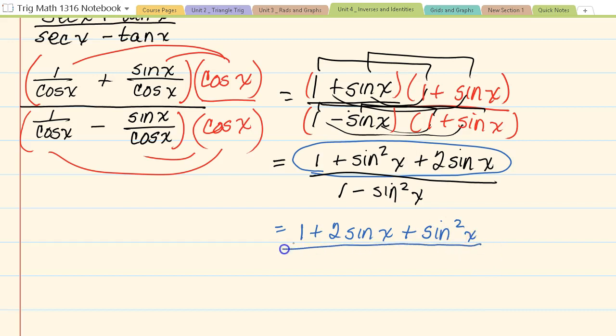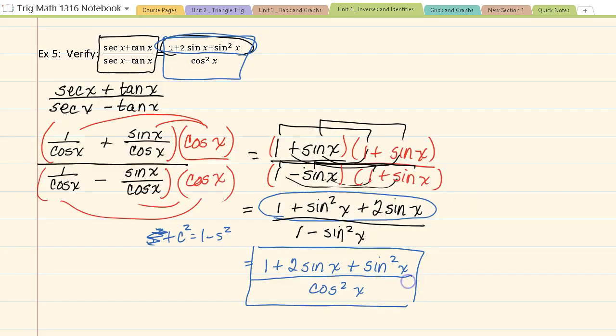And in the bottom, notice that's going to be our other identity. Remember, sine squared plus cosine squared is equal to 1. I have 1 minus sine squared. So that's the same thing as cosine squared of x. And that is what we were looking for.